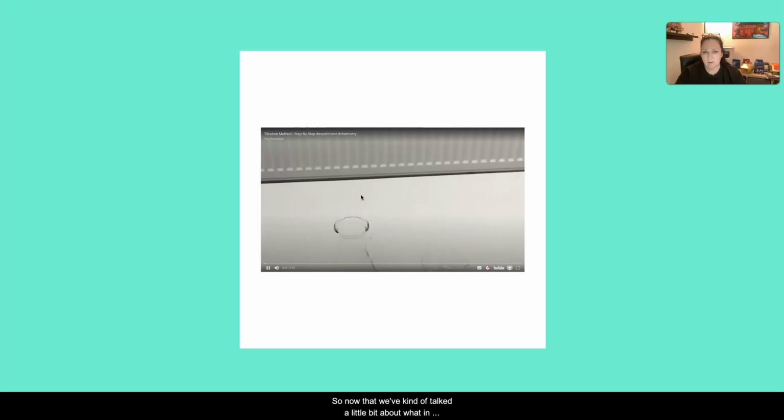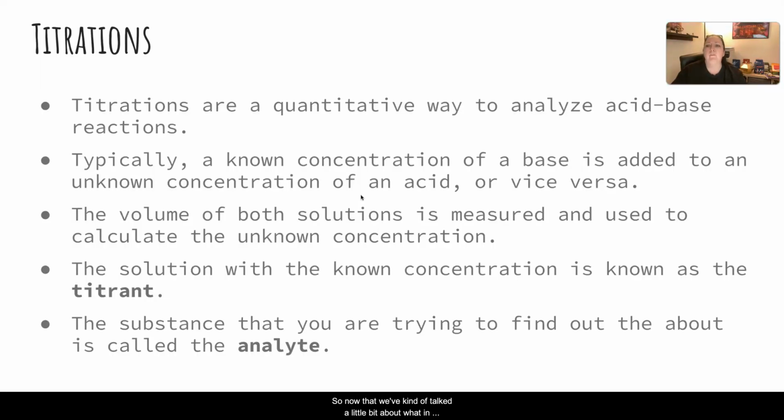So now that we've talked a little bit about what in the heck a titration is, so you have a little bit of an idea. Titrations are a way for you to quantitatively analyze acid-base reactions. So we can do some math once we're done doing the actual lab.